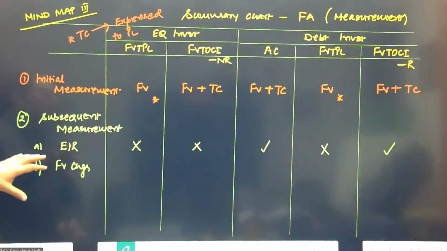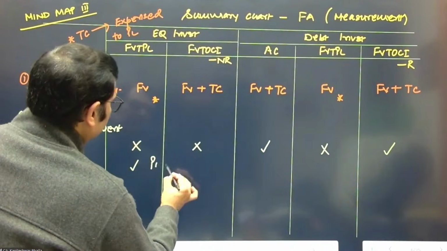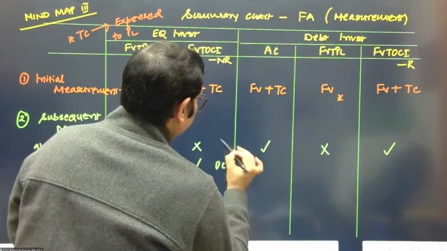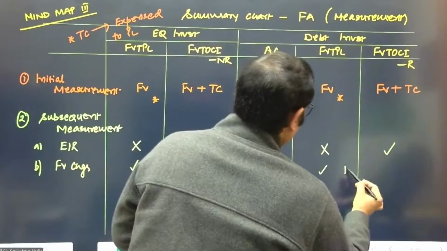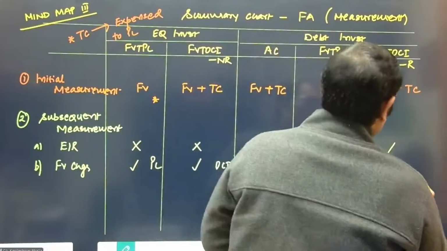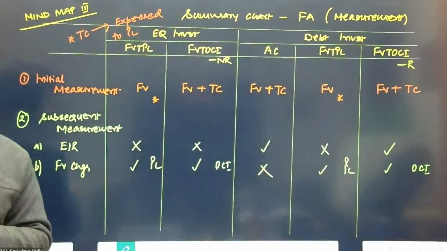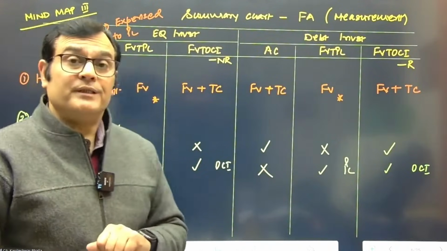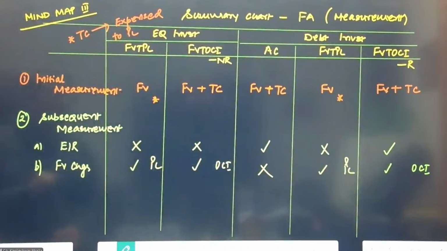Now coming to the fair value changes, you will definitely capture the fair value changes in the P&L. You'll capture the fair value changes in the OCI. You will not capture the fair value changes. You'll capture the fair value changes in the P&L. You'll capture the fair value changes in the OCI. So we should be clear where the fair value changes will be taken and where the concept of EIR would apply in terms of subsequent accounting.